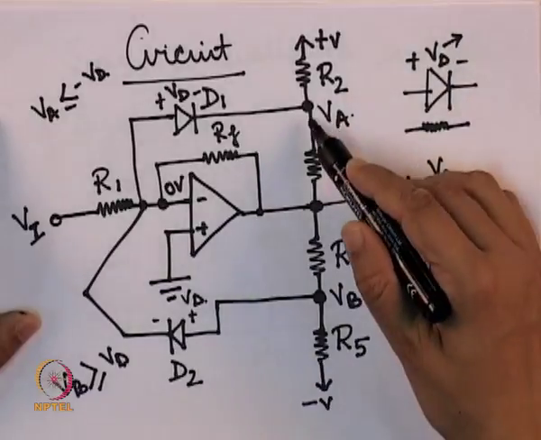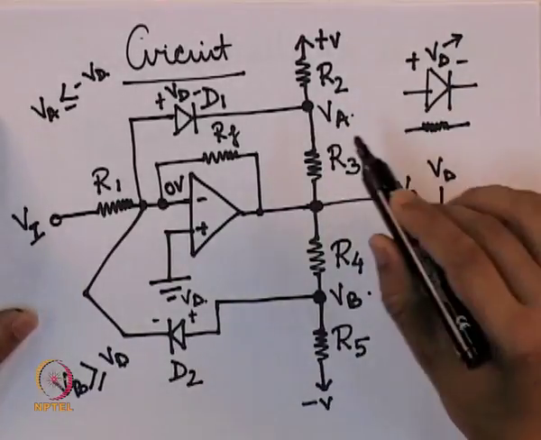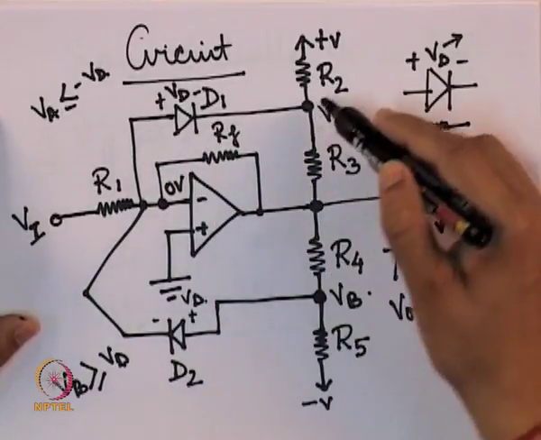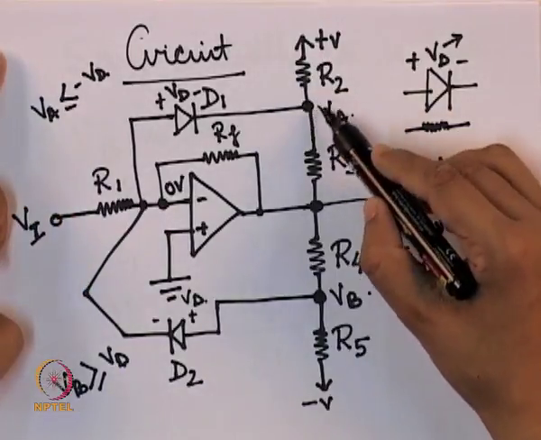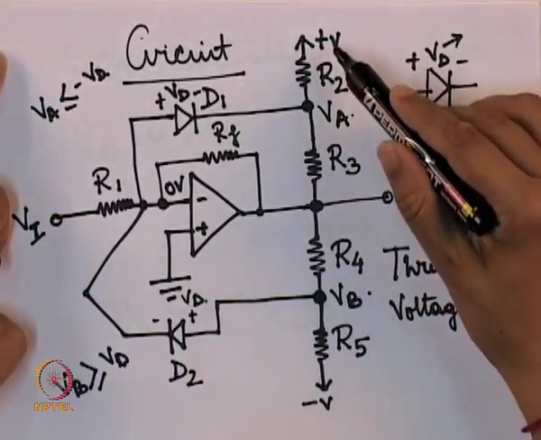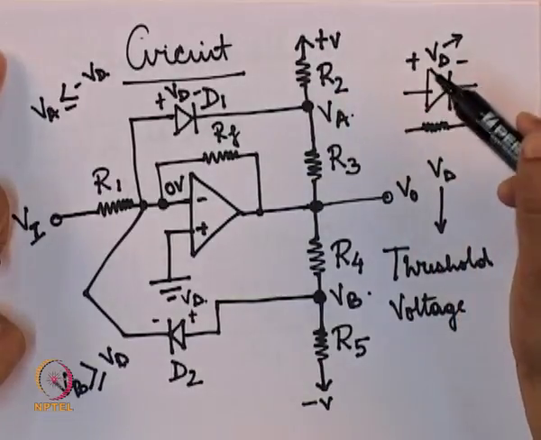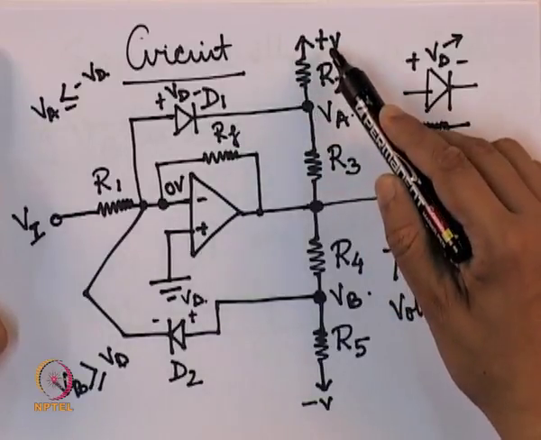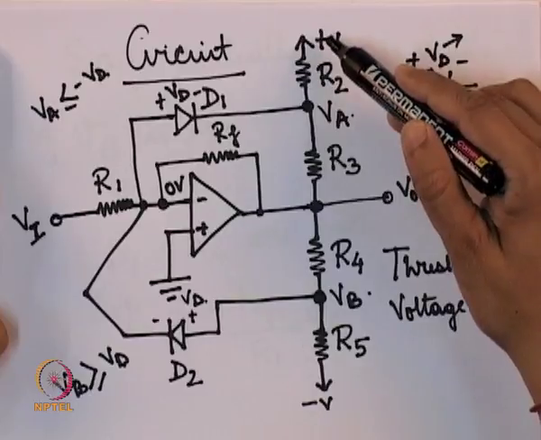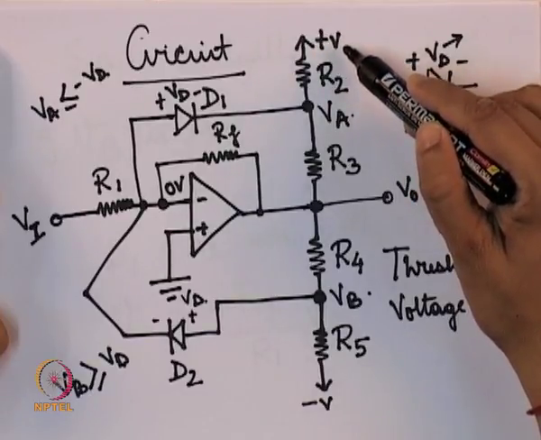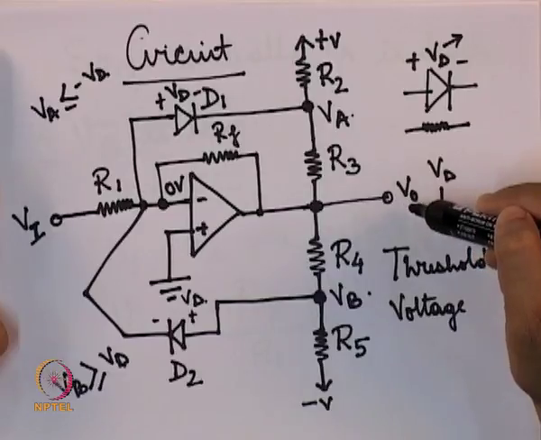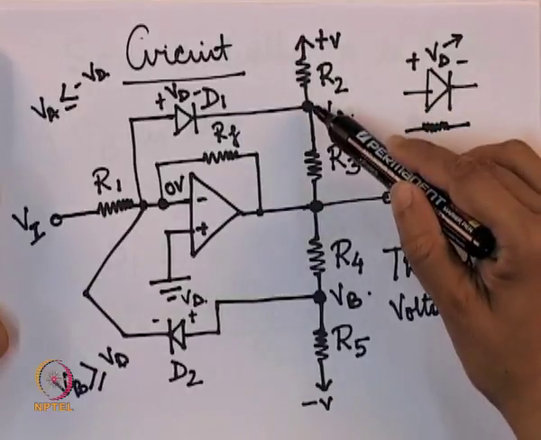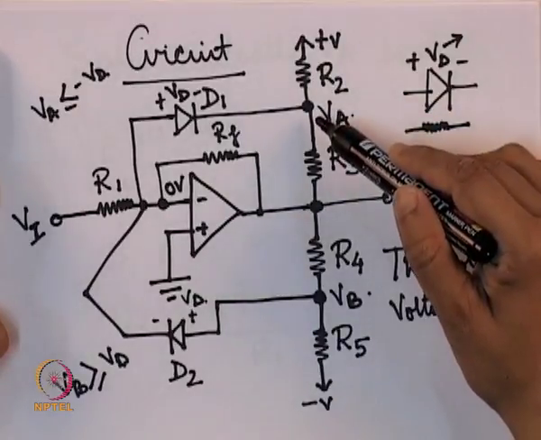So, now what is the relationship between Va and V0? See, D1 is off. So, there are two voltages which are influencing the voltage at Va. One is Vo and the other is the supply plus V. In order to get an expression for Va, we can apply the superposition principle, where we first consider the effect of plus V after shorting Vo, and in the second case we short this terminal and consider the contribution of V0 to Va.